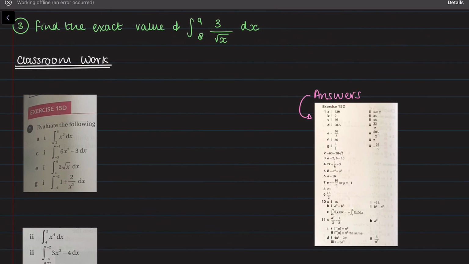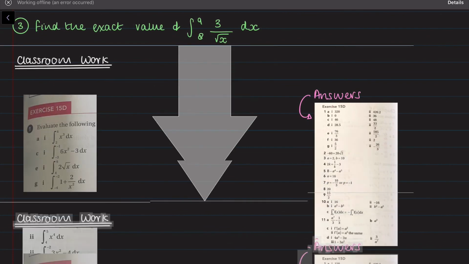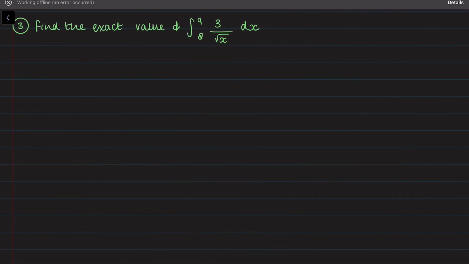Final example. So have a go at this example first. So pause the video. The first thing I'm going to do is make sure what I'm integrating is in the form ax to the n. So this is the same as 3x to the minus a half. Then I'm going to do my indefinite integration part. So I increase the power by 1, divide by the new power.